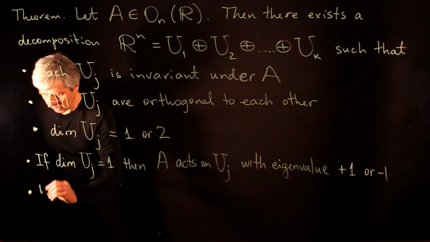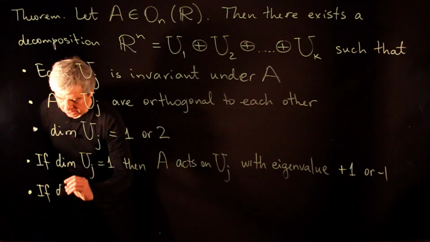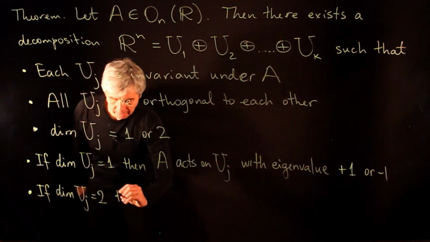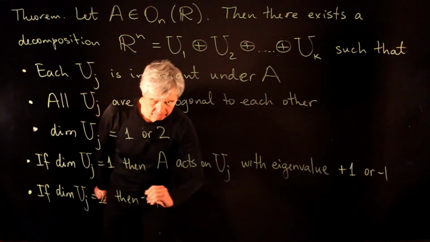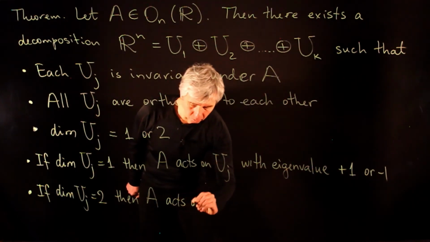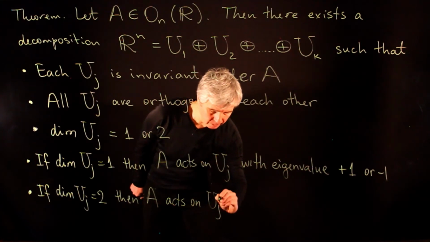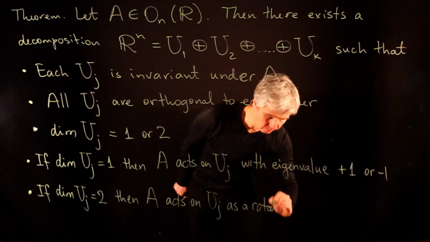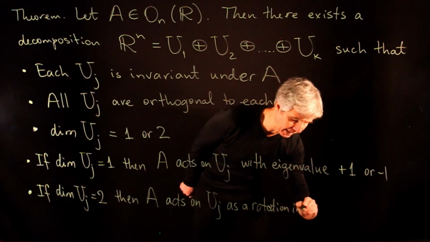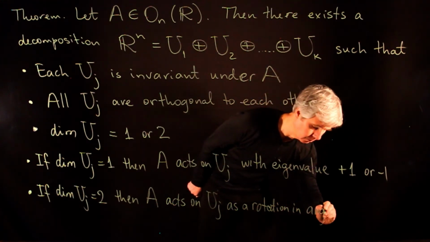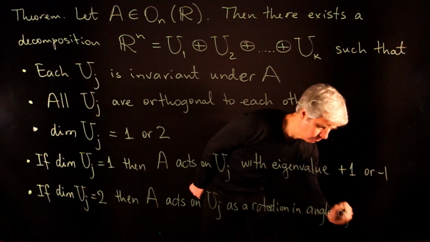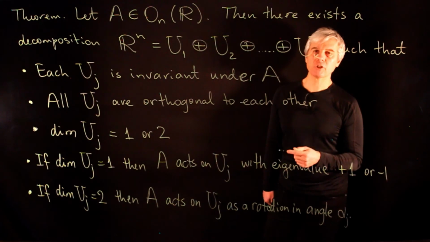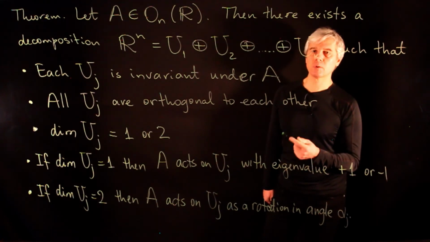And finally, if the dimension of Uj is equal to 2, then A acts on Uj as a rotation in angle alpha j. This theorem generalizes the structure of orthogonal transformations that we derived for the case of R3.